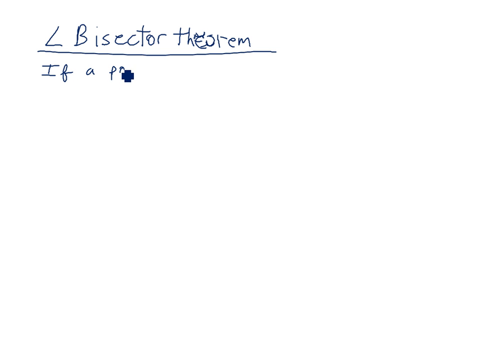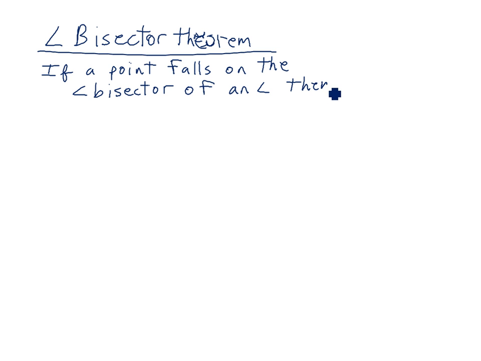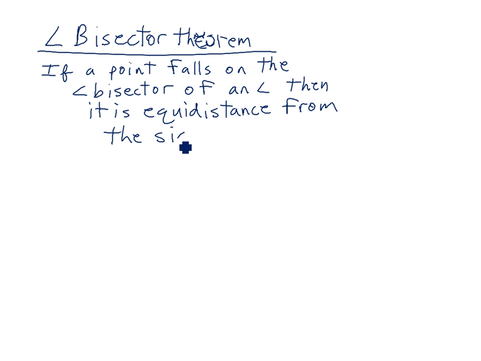If a point falls on the angle bisector of an angle, then it is equidistant from the sides of the angle.